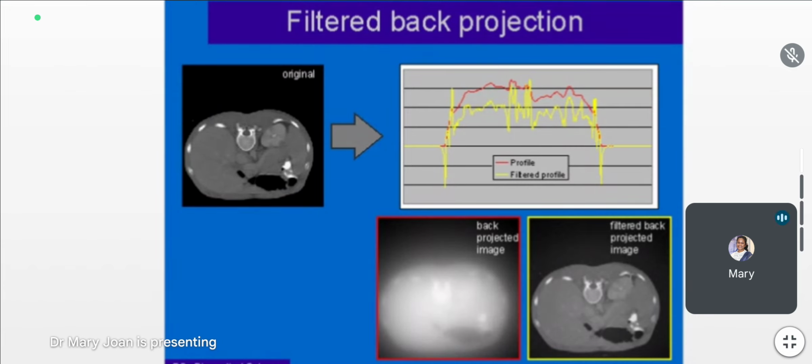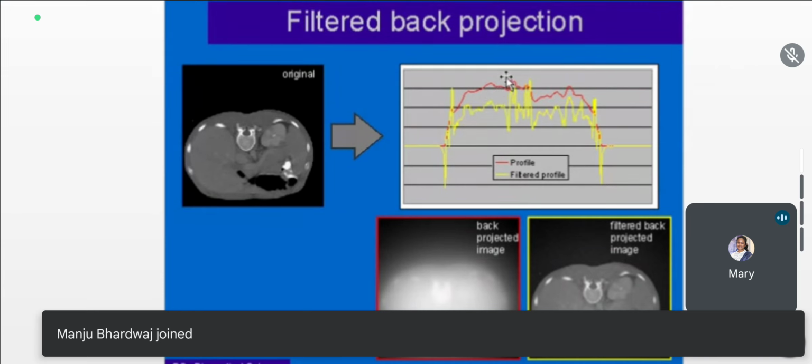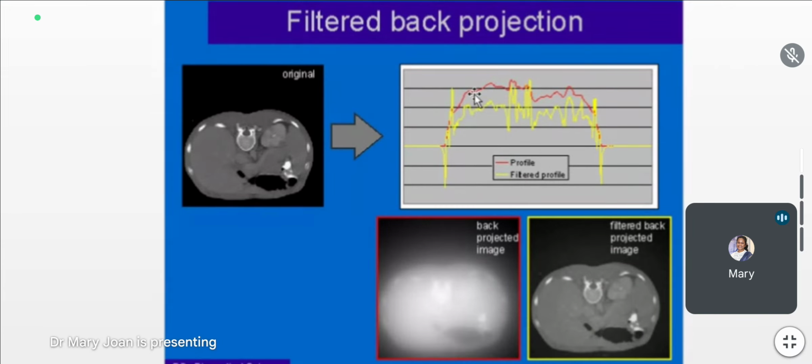So here you can see this is the original image. We are getting a profile, and from that, the noise signals are filtered to finalize the image. When we get the back projected image, it is like this. When we filter the signal to remove the unnecessary signals present in it, we get a better quality image.